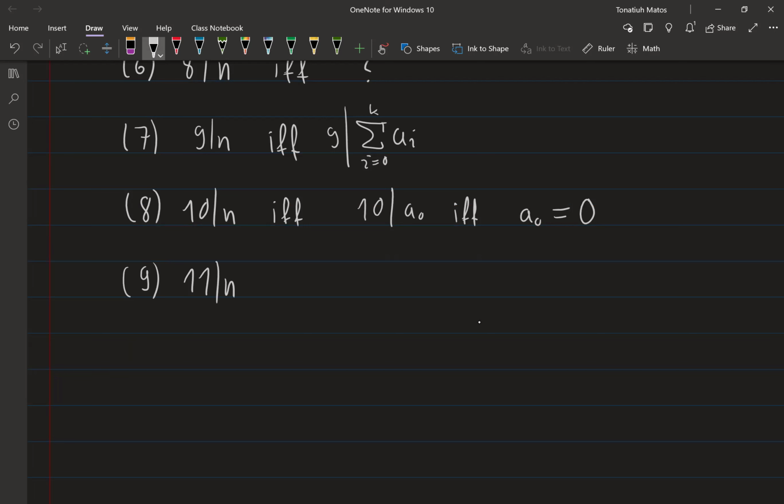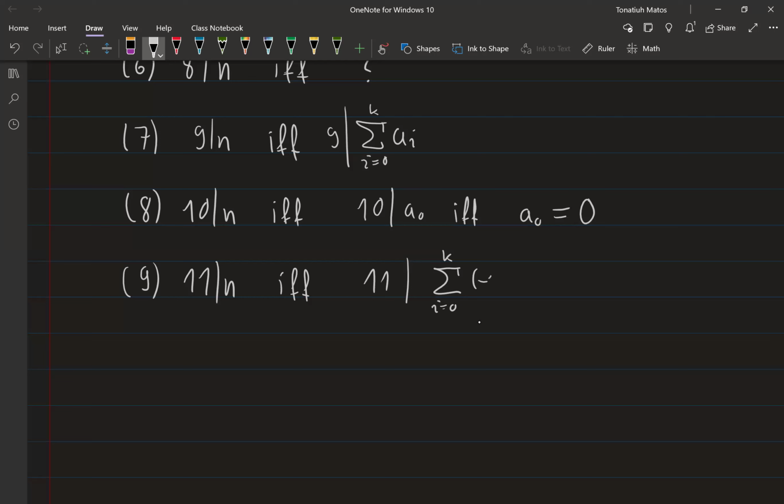What about 11? 11 is also nice to work with because it is just 1 bigger than 10. So powers of 10 mod 11 are just minus 1 to the k. And those are usually easy to figure out, right? So let me maybe tell you what the criterion is. And this one I suggest you solve as an exercise.